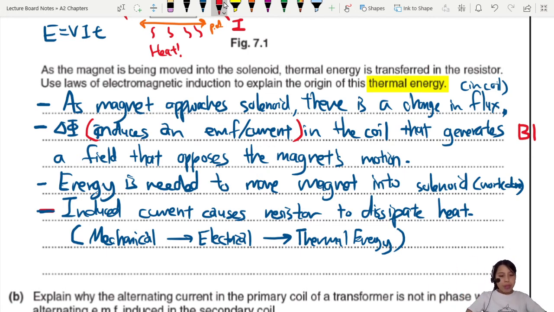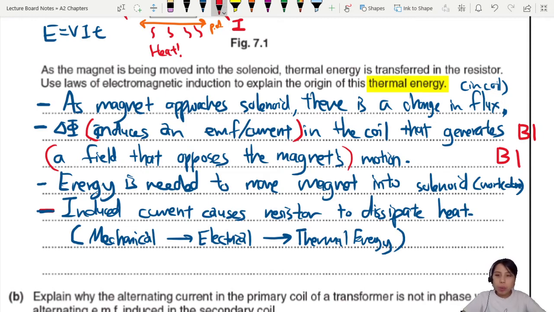Number 2, if you talk about current generated a field that opposes the magnet, that is, where is it? Here, a field that opposes the magnet. So this current will oppose the magnet. That's Lenz's law. So you refer to Lenz's law. That's another mark. Then you talk about, oh, actually you need energy to push in. Oh, okay. So energy is needed to move.